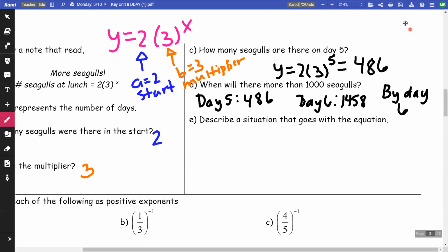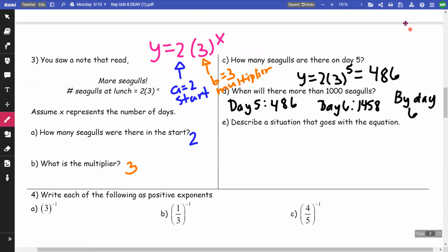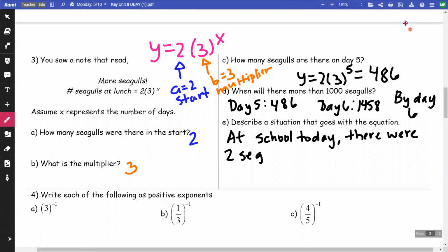Describe a situation that goes with this equation. So this is like a little word problem. So at school today, there were, and this has to be my start, my A, 2 seagulls.